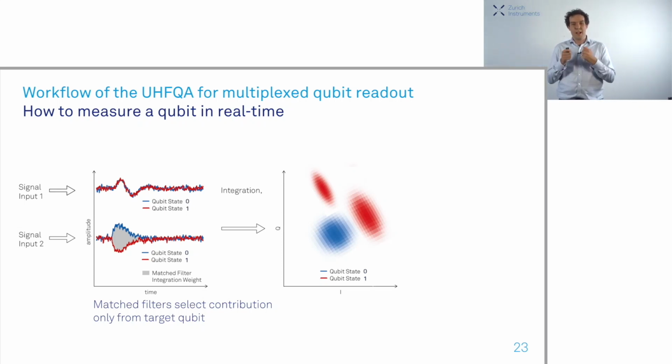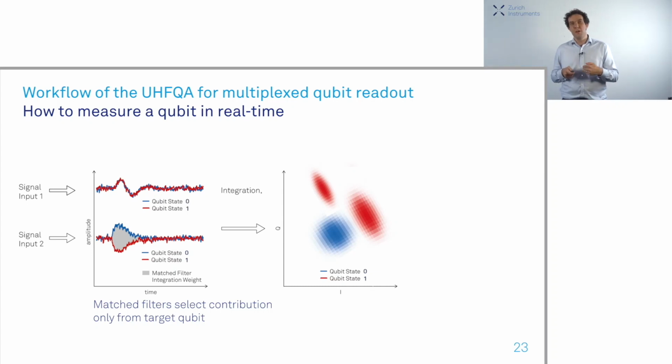This helps you select the contribution only from the target qubit and remove the influence of all the other qubits in your signal processing. What happens then, if you look at the result in the complex plane, is that you typically see several dots or clouds, which all correspond to results of the qubit being in the excited and the ground state.